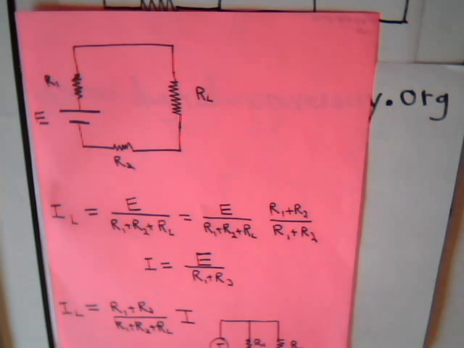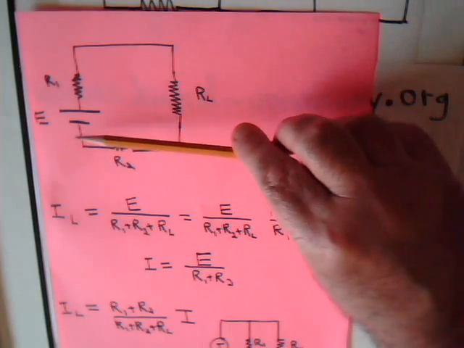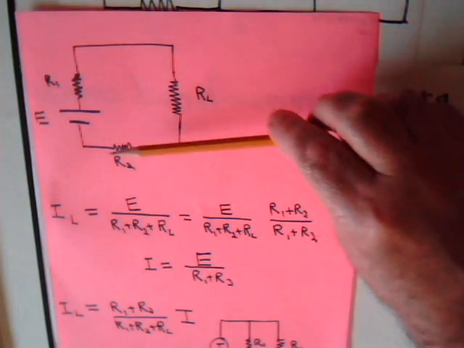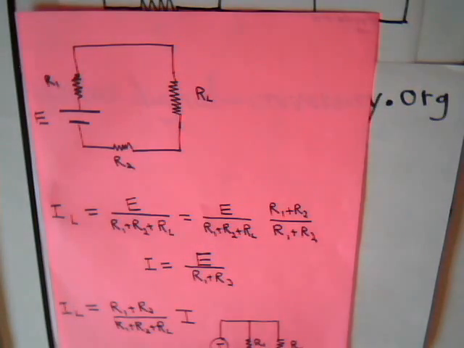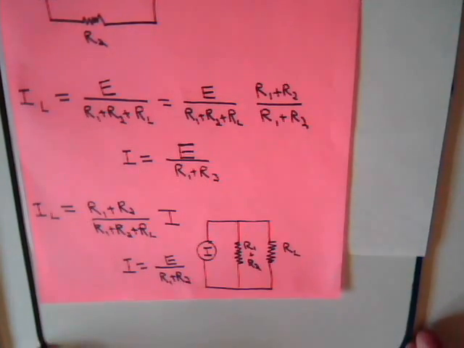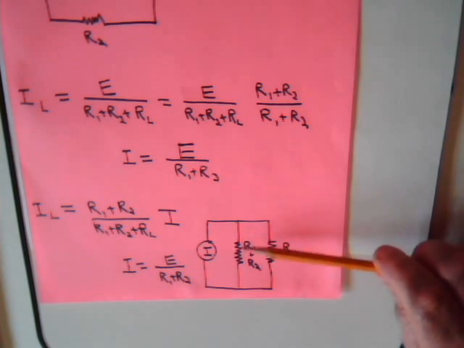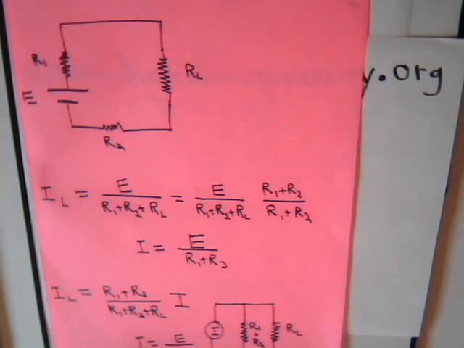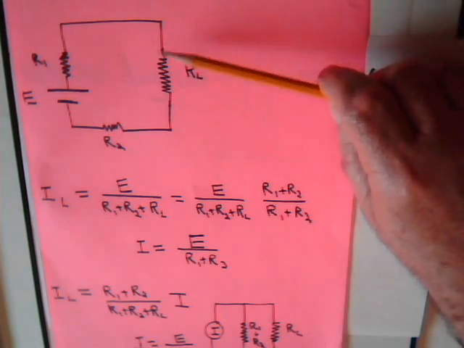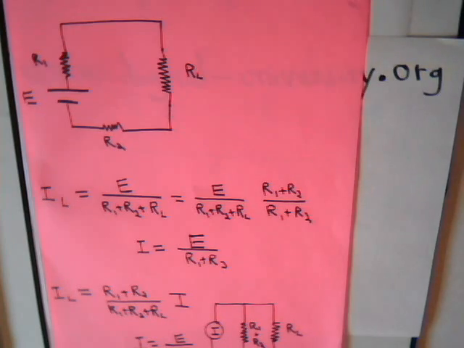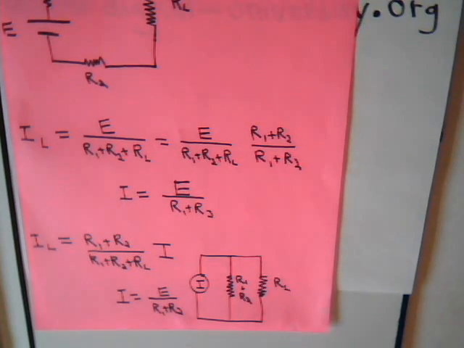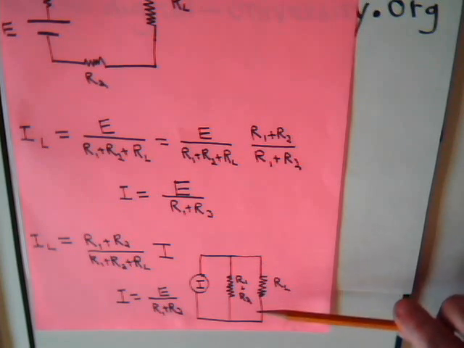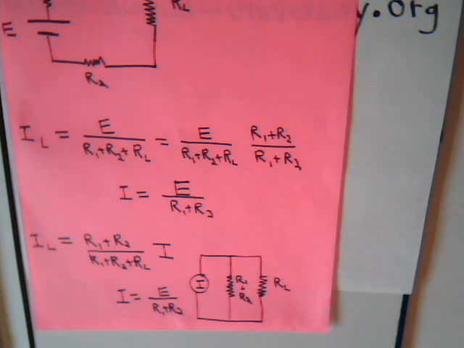In this case, if we divide the voltage source by the sum of these resistors and use that as the magnitude of the current in this circuit, where the resistor in parallel has the value of the sum of these two resistors, then the current that goes through RL in this circuit is identical to the current that goes through RL in this circuit here.